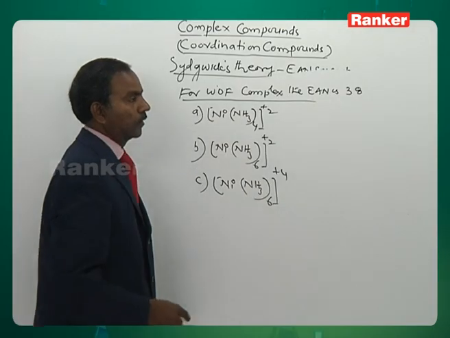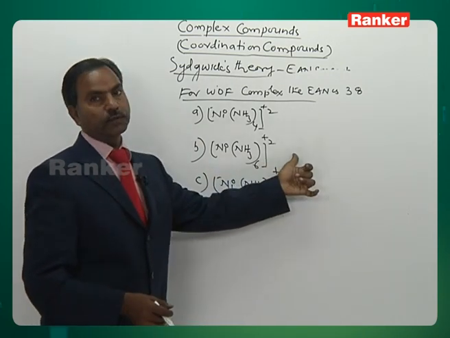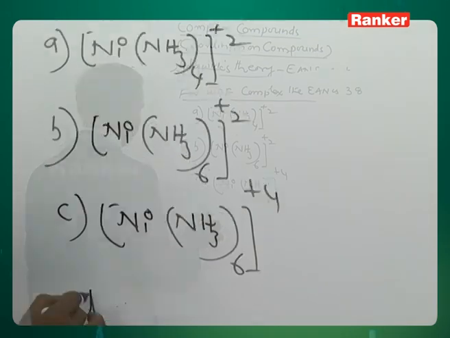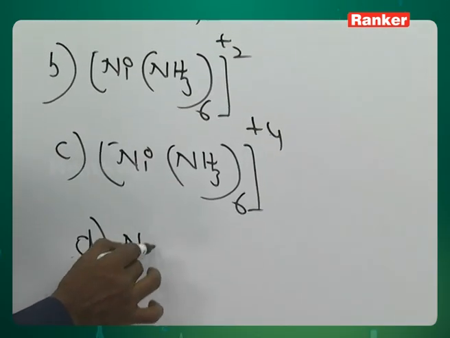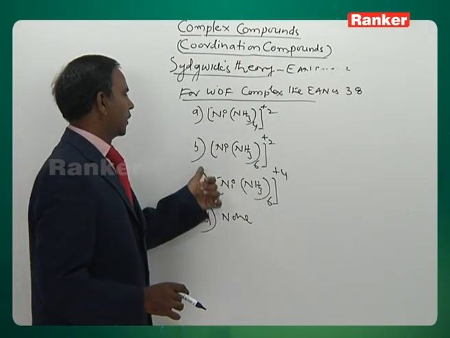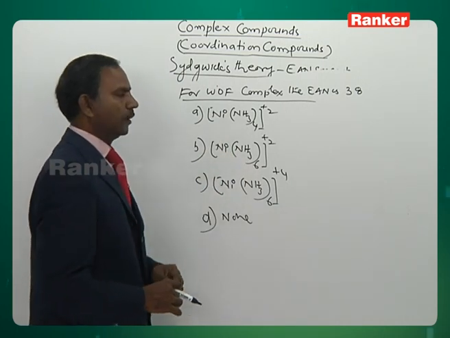See, all are looking alike. That is coordination number 4, coordination number 6 with plus 2, coordination number 6 with plus 4. Let me write the none. Let us check it. Suppose A you calculate, B you calculate, and C.